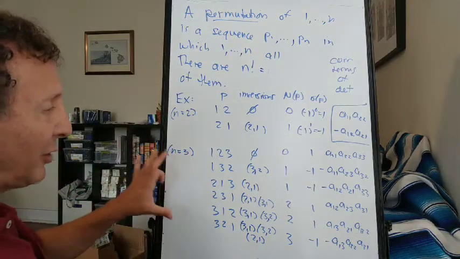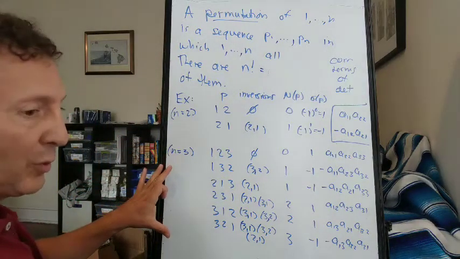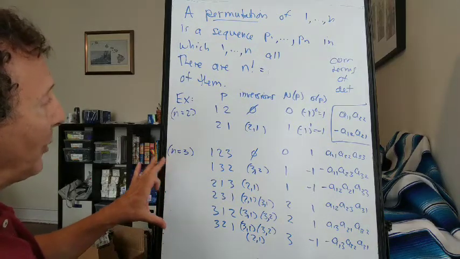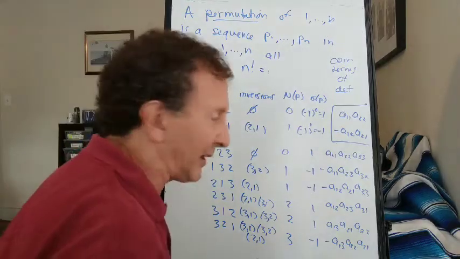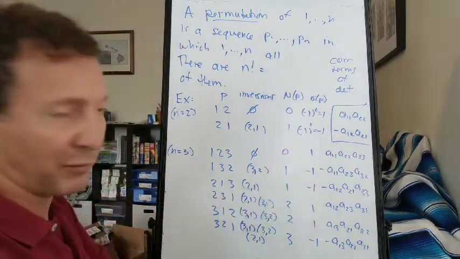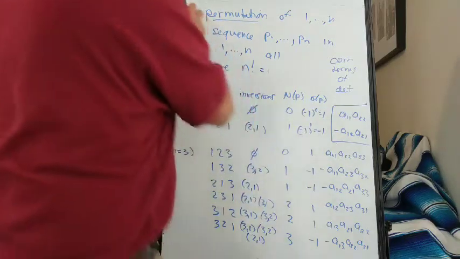Alright, I don't want to write down all 24 terms for n equals 4, but we can still do an example, especially if the example has lots of zeros in it, because of course we don't need a product if the product is 0.